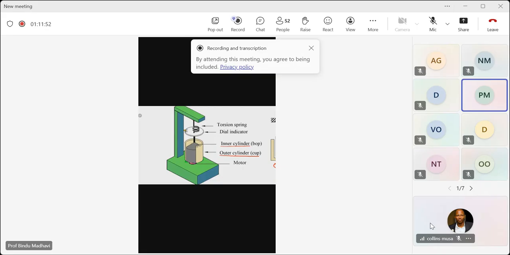And now you can see the inner cylinder, which is called the bob. The bob is attached with a torsion spring so that we can measure the amount of work done by the cylinder when it is rotating.